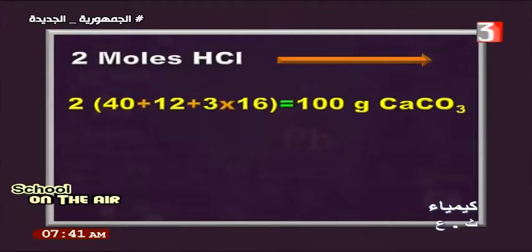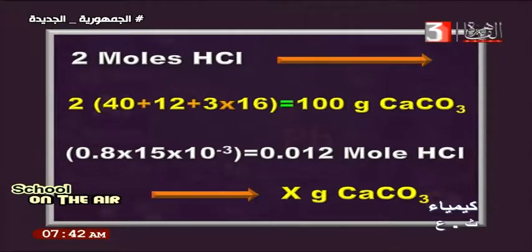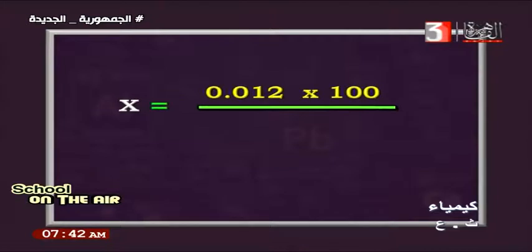So 2 moles of hydrochloric acid react with 100 gram, the molar mass of calcium carbonate. So multiplying the concentration and the volume of the hydrochloric acid gives the number of moles of hydrochloric acid, that gives X gram of calcium carbonate. So the mass of calcium carbonate, as shown on the screen, will be 0.6 gram.